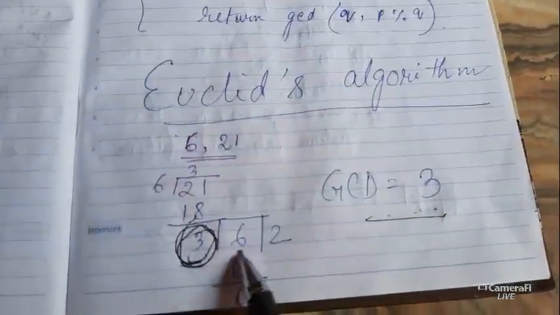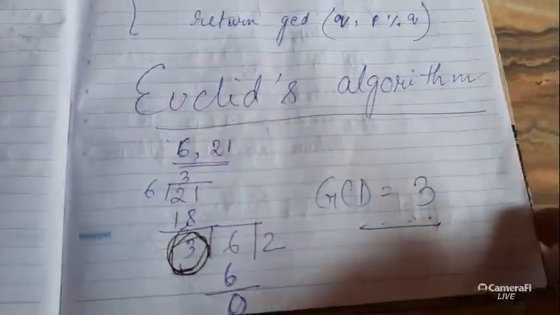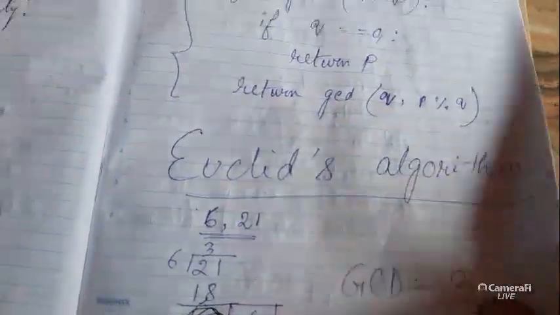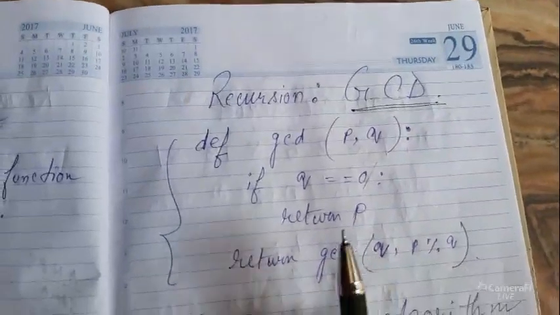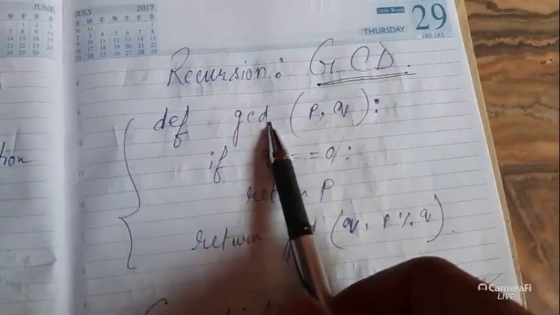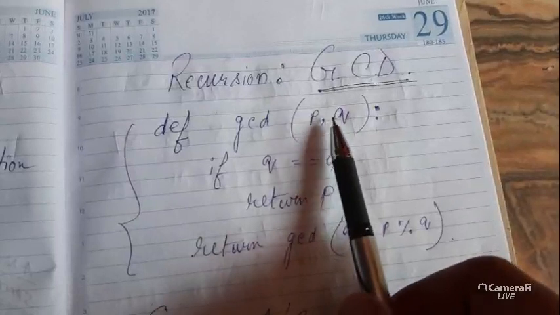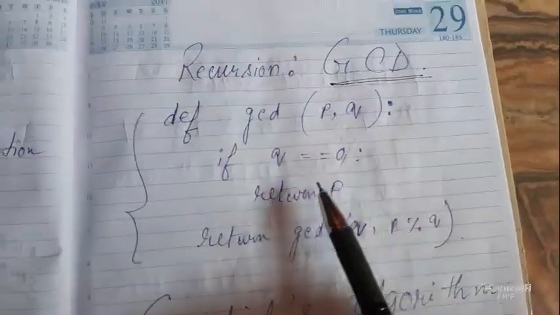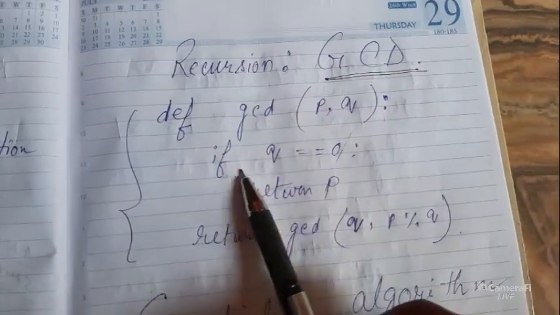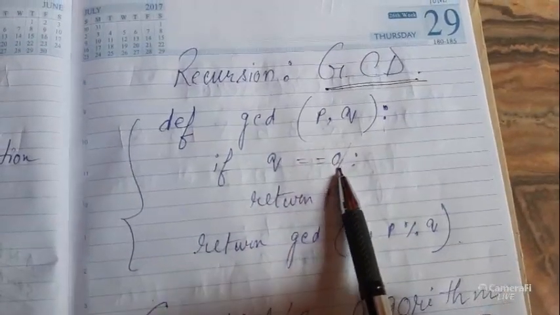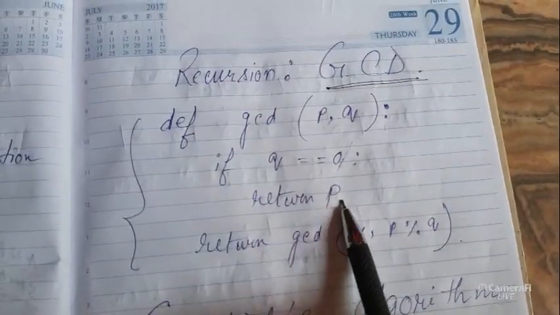Now this technique only I have converted into the recursive way. So let's see what is happening here. Recursion: def GCD, function name, p comma q, two numbers I am passing. Here you can see if q is equal to 0, return p.